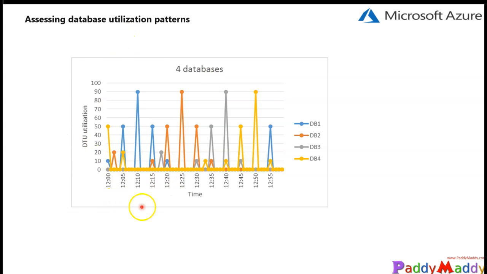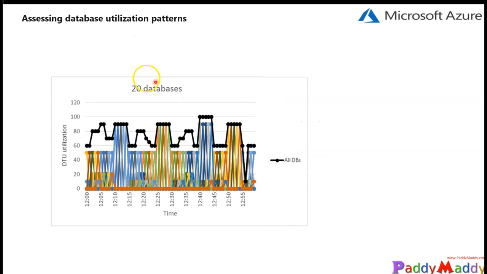And if you take a combination of all DBs, which are 20 different databases, you see it's spiking close to 90 between 12:10 and 12:55, and the remaining time it's almost idle, or not even touching 40, or some of them are close to 20. So this is the right set of databases that can be used for an elastic pool, or eDTUs purpose.